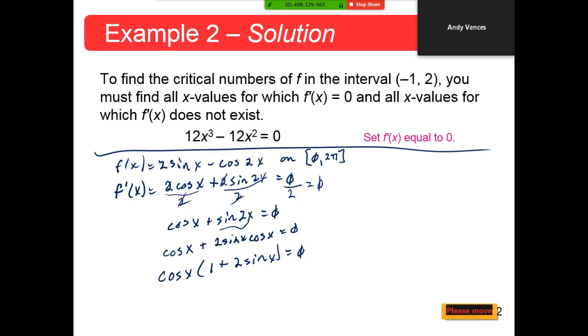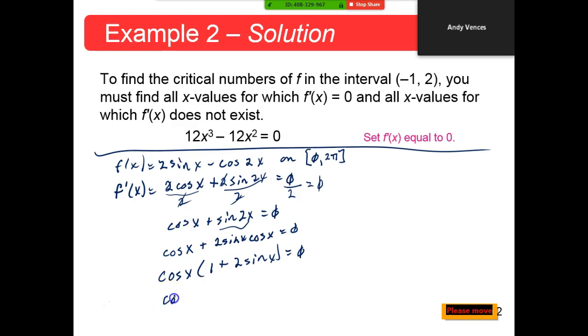Okay. Now, what can you do with that? You have the product of two entities equals 0. What can you do? Separate them.